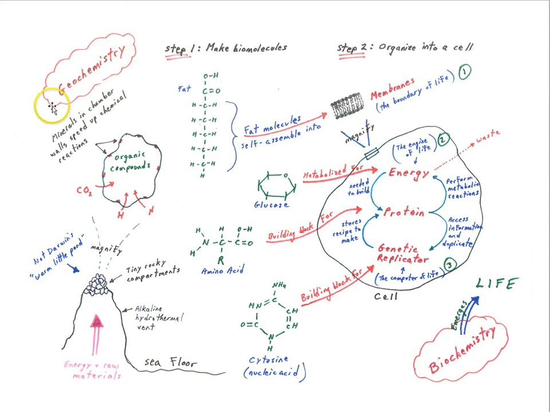Over on the left, this whole part of the diagram, we could call this geochemistry. This is chemistry going on in the early Earth. On the right, within cell membranes, we have biochemistry. So what's happening here in the origin of life then, we have life emerging out of biochemistry, which itself, right, was emerging out of geochemistry.